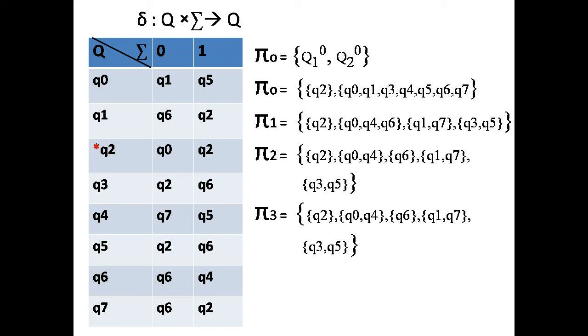The sets are Q2, Q0, Q4, Q6, Q1, Q7 and Q3, Q5. Here pi 2 is equal to pi 3. Then we stop the procedure and declare that this pi 3 is the final state of the minimized DFA.